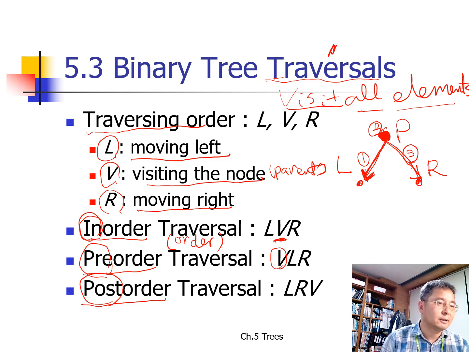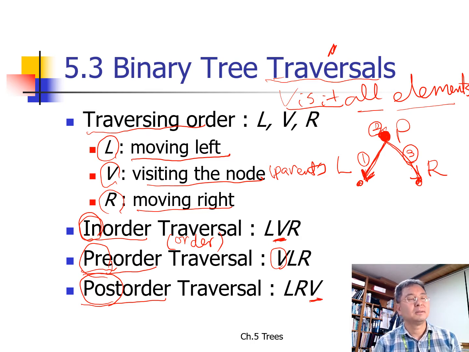V goes first, then it is pre-order. And post-order means that V goes last. Among them, the most general one is in-order traversal.